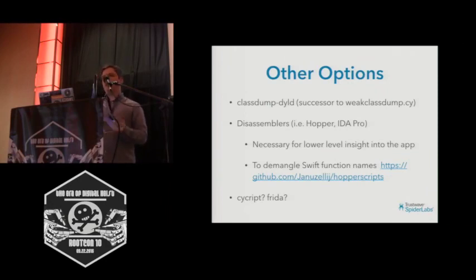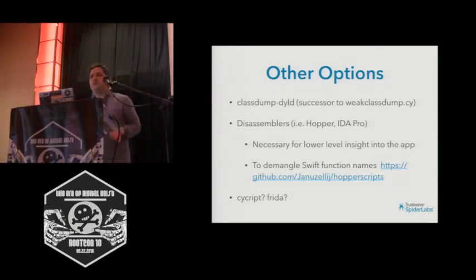It produces output very similar to the Swift branch of class dump, which is what I just showed you. Obviously, you can fire it up in a disassembler like Hopper or IDA Pro. I think Binary Ninja supports it at the moment too. If you want lower-level insight into the app and how it functions, that's what you need to do.